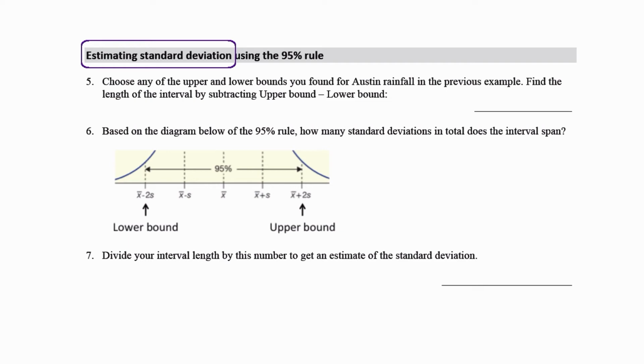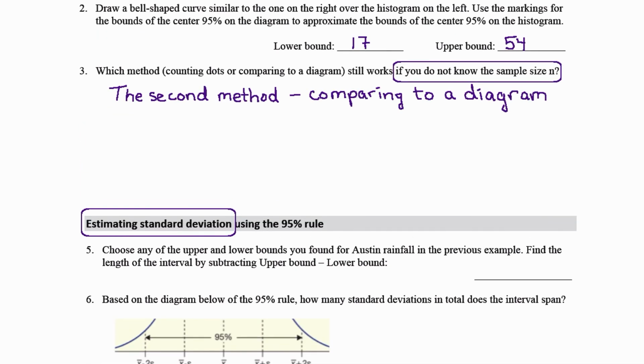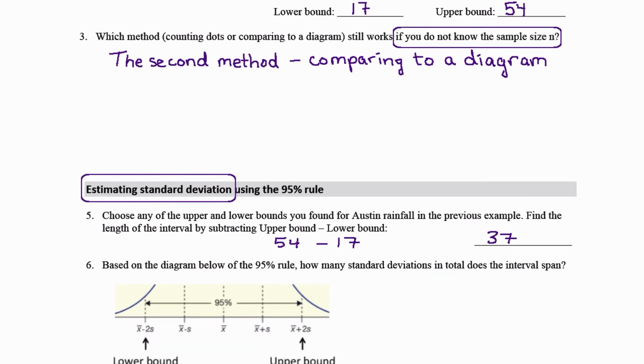Let's go ahead and take the values that we calculated most recently, which were 17 to 54, is what I meant to say. So if I subtract 54 minus 17, I get the length of this interval. That gets me 37. So the length of that interval is 37.